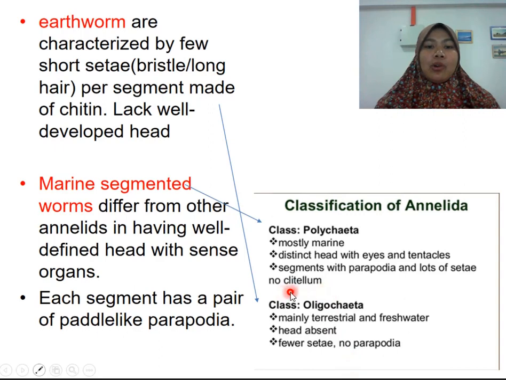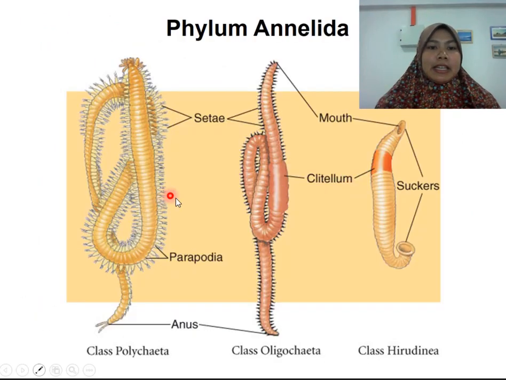They have no clitellum like the earthworm. Let's look at the picture. You can see here the earthworm has a structure that we call the clitellum, but not the marine segmented worm in class Polychaeta. They have a well-developed head region with tentacles, and a lot of setae with parapodia, a paddle-like structure which we call parapodia.